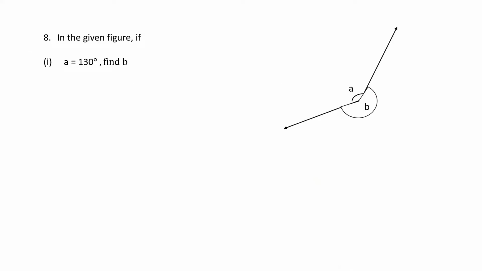Question 8. In the given figure, if A is equal to 130, find B. Now looking at this figure, which property can we make use of? Here there's a point and there are two angles which make up a complete circle. That means we can use the sum of angles around a point. The sum of angles around a point equals 360 degrees.